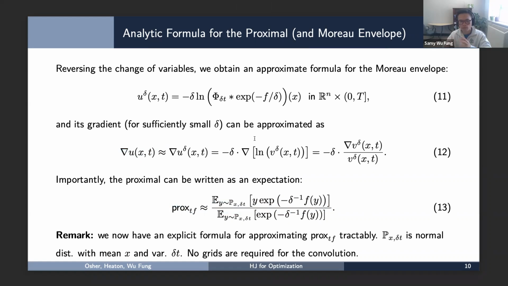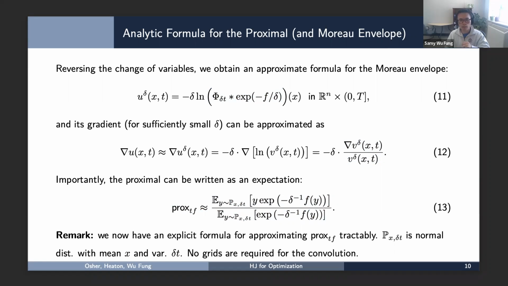If I do some algebra, I can rewrite these convolutions in terms of expectations, where I sample from a Gaussian distribution. It turns out that this gradient v delta is precisely this part up here, and this v delta is precisely this part down here. And this p x delta is precisely a Gaussian that is centered at x with variance delta t.